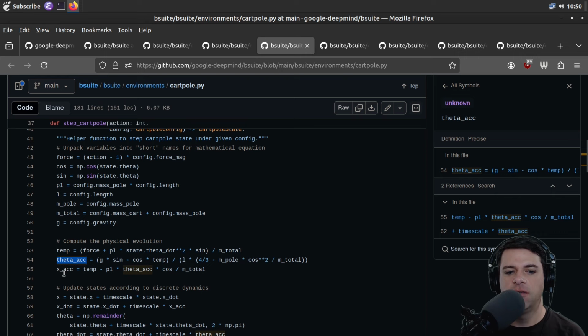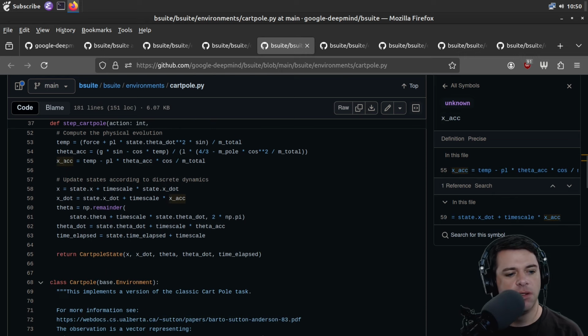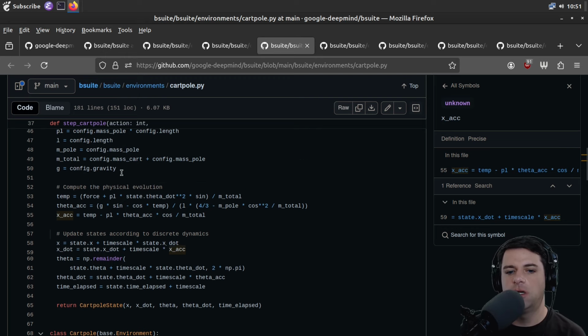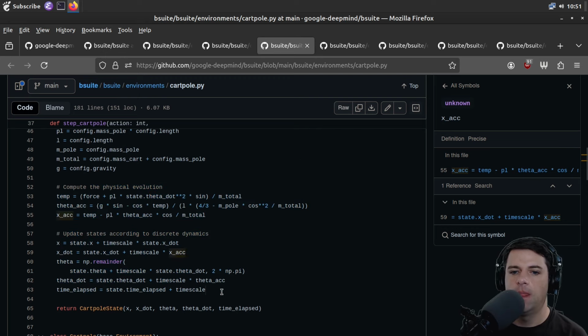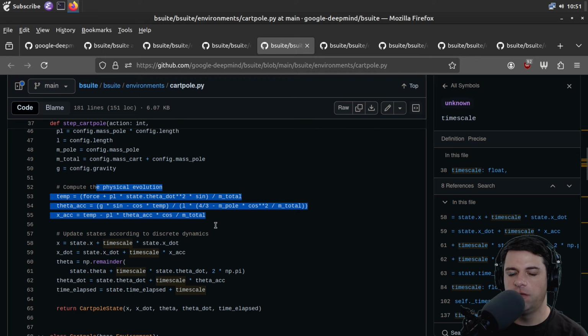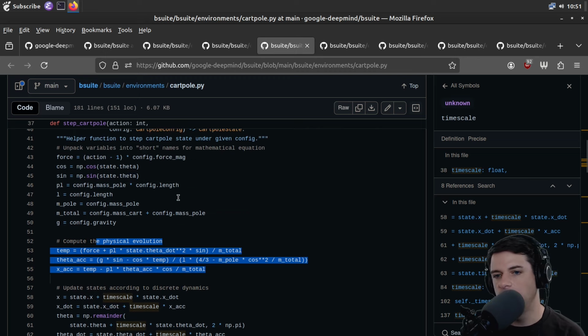And then we get the theta acceleration and the x acceleration and so on and so forth. All right, so that's fine. There's a clear separation of physics. I can't follow what all of these variables are well enough to know, but I assume that this is the correct physics of what's happening.